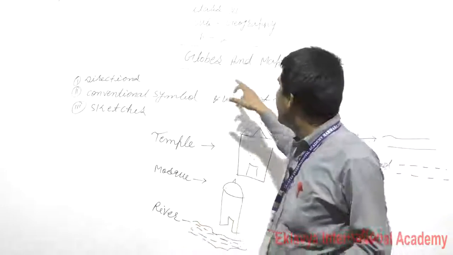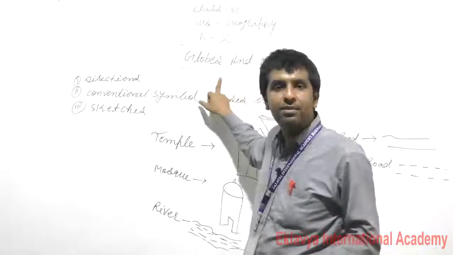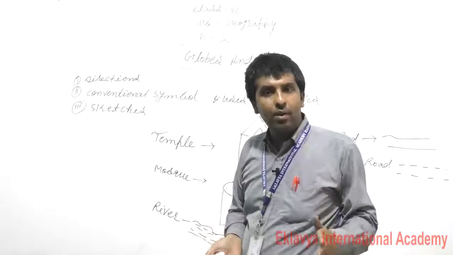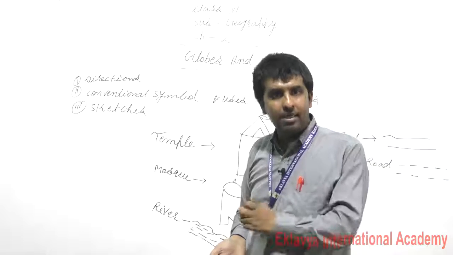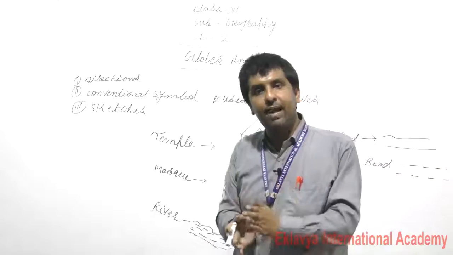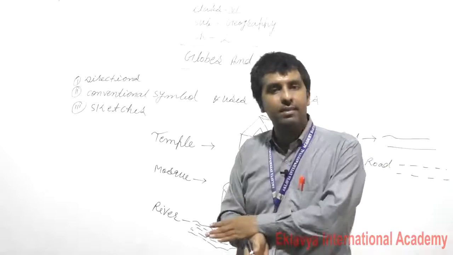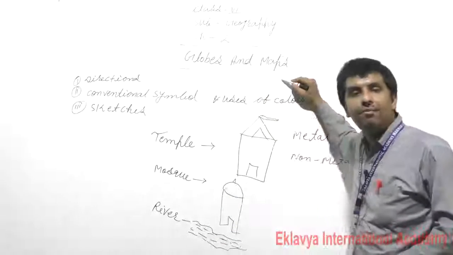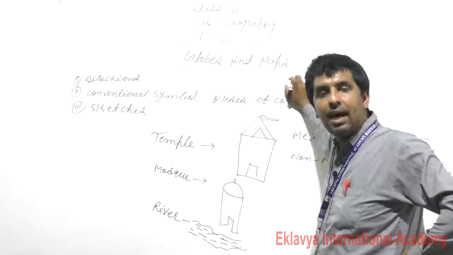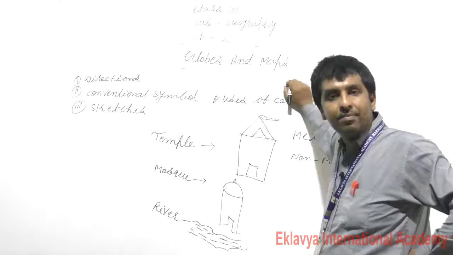So by the help of globes you can identify the role of the earth. You can say a globe is a specific model of the earth, and if you want to understand maps, you can understand easily by the help of an atlas.